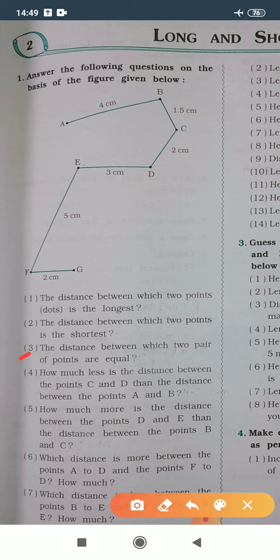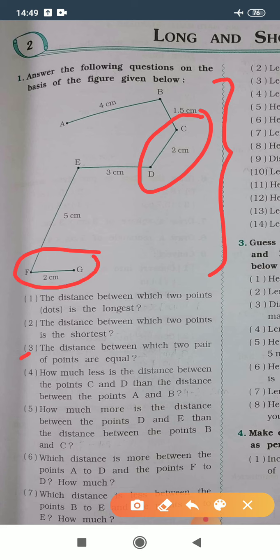That means two points whose distance should be the same. After observing this figure, we see that D and C are 2 centimeter apart, and the points F and G also have a distance of 2 centimeter. So the third answer is D and C, comma, F and G with 2 centimeter.